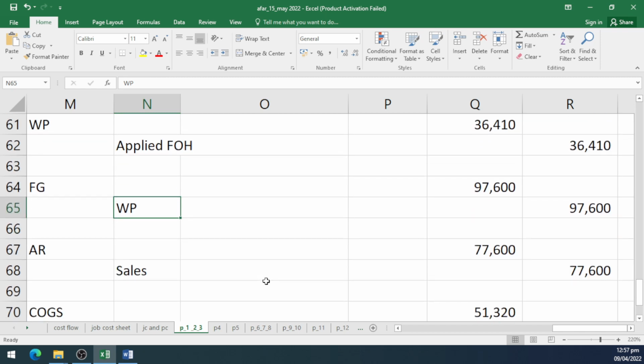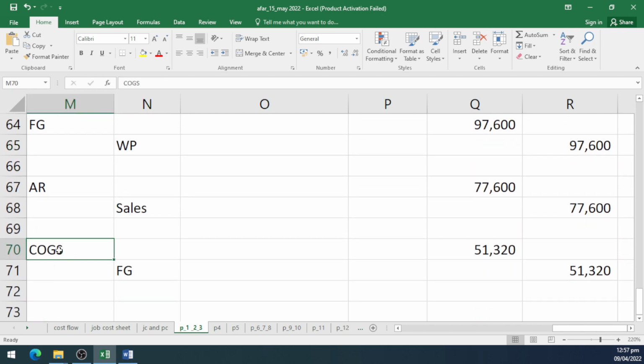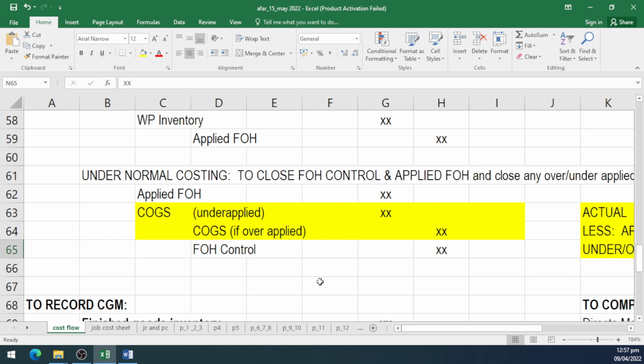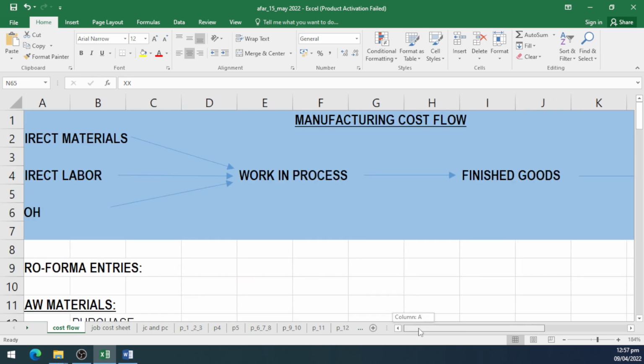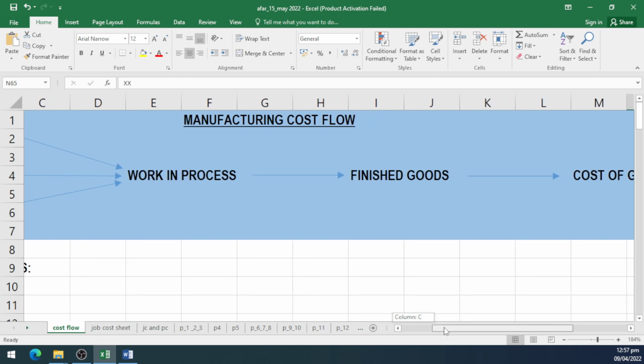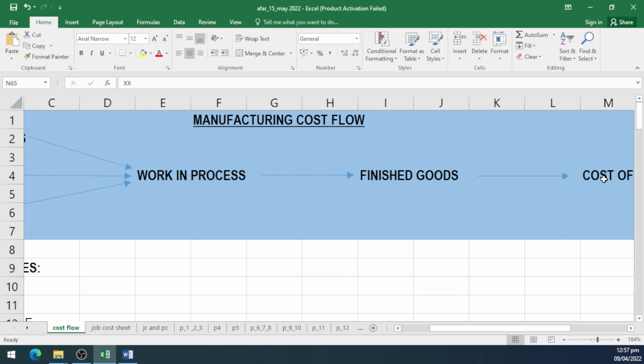And then, pag nabenta na po, debit to cost of goods sold, and credit to finished goods. Yan. So, nakompleto na natin yung cost flow, ano? Yung tracking ng 3 elements of manufacturing cost hanggang sa mapunta sa cost of goods sold.